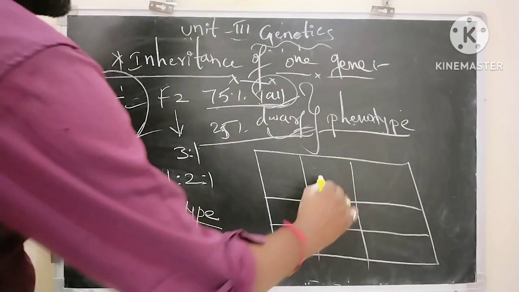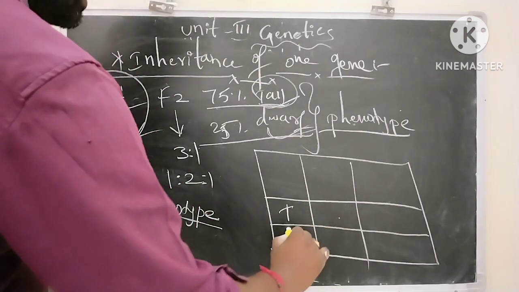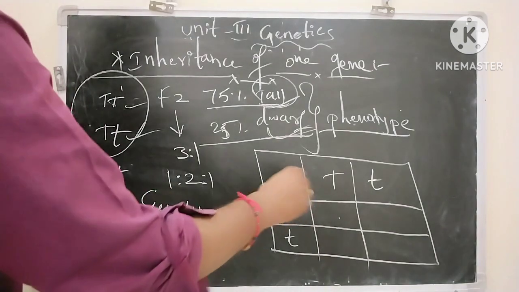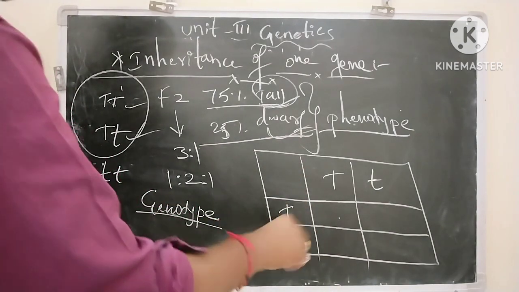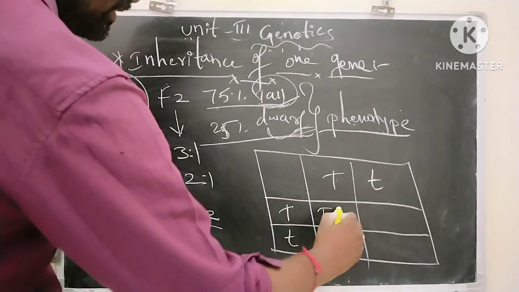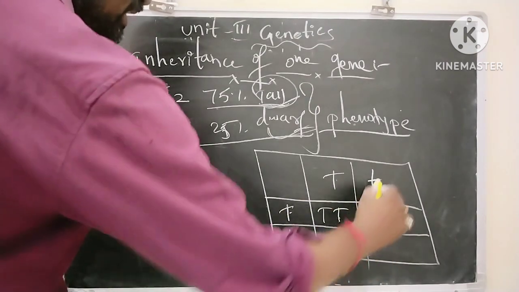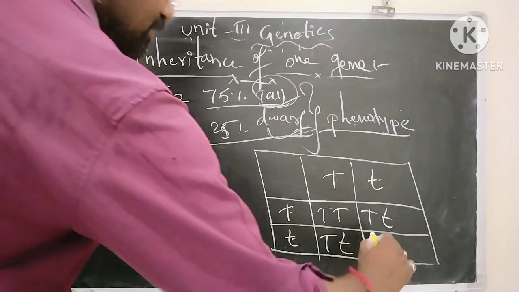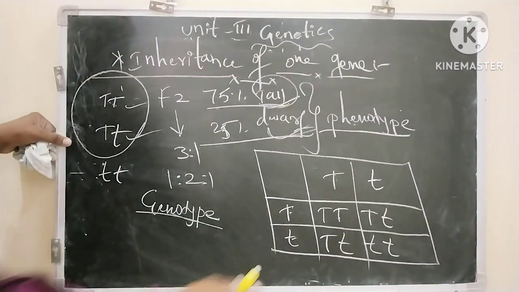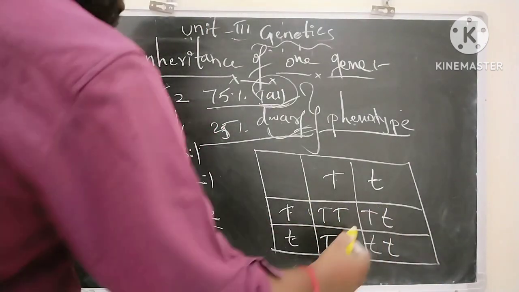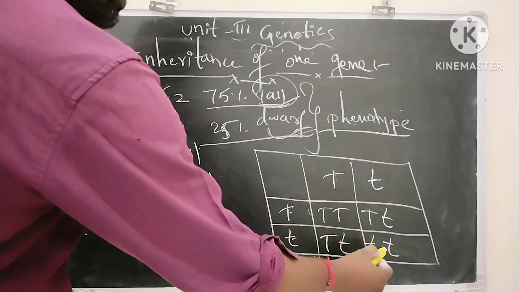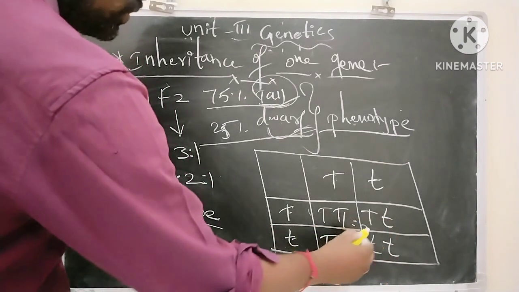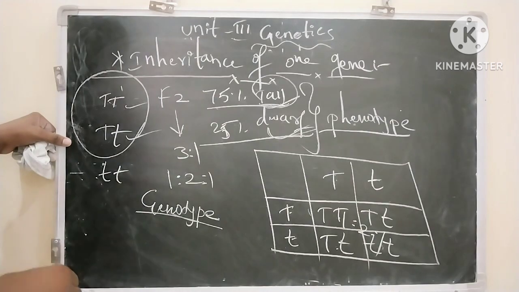So for example, see here, capital T, small t, capital T, small t, and we are making cross pollination between the F1 generation. We get capital T capital T, capital T small t, capital T small t, small t small t. See here, this is tall, this is tall, this is tall, 3:1. But 1:2:1 is the genotypic ratio.